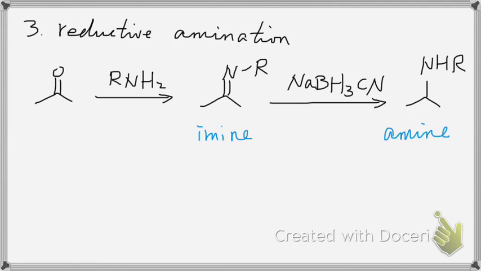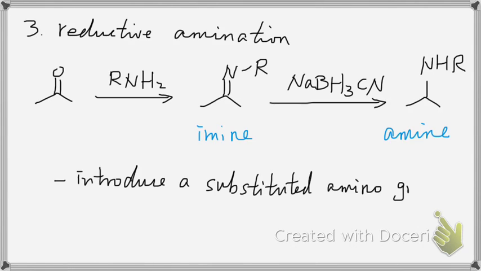This reducing agent works best for reduction of imine to amine. As I said, this is a very important reaction to introduce an amino group or a substituted amino group to the system. When we move on to the amines in chapter 23, we will revisit this reaction.